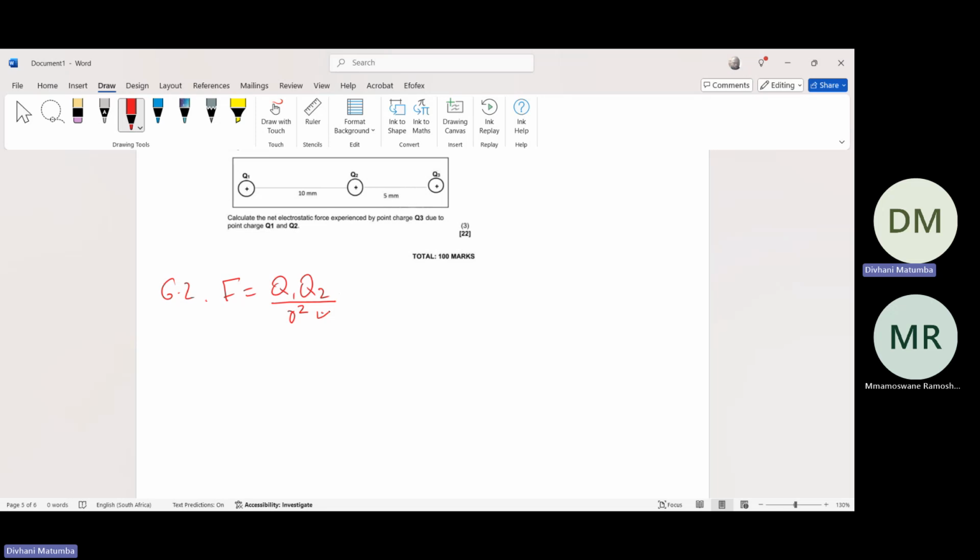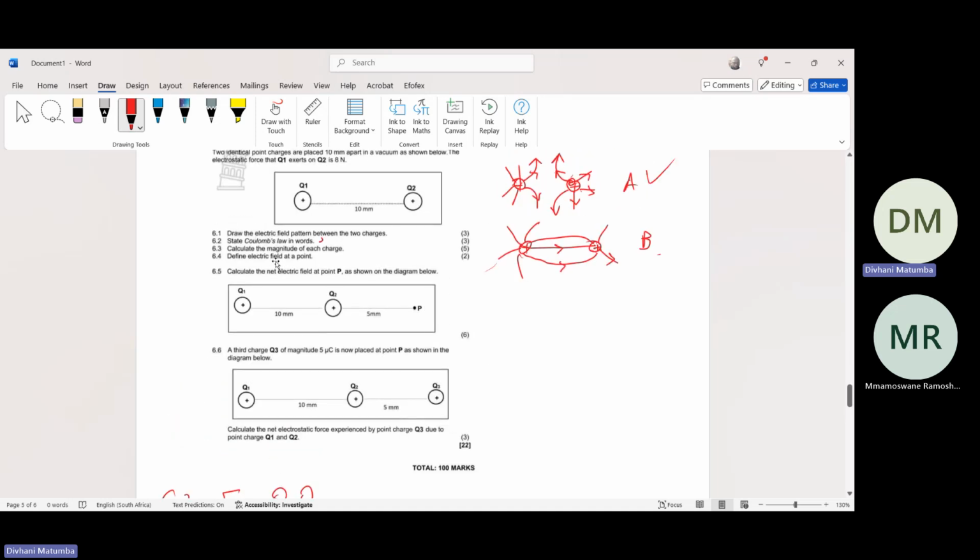That's perfect. Or you can even say the square of the distance between their centers. That's also very precise.